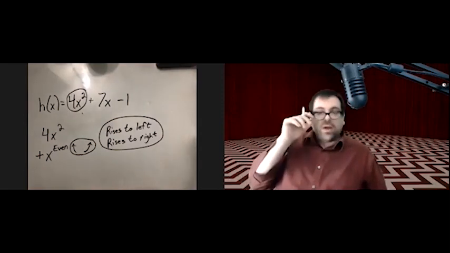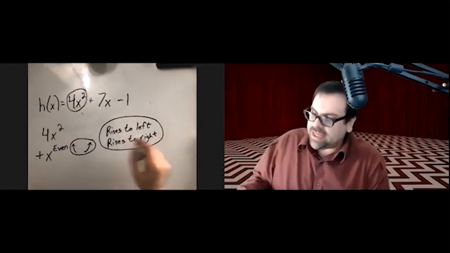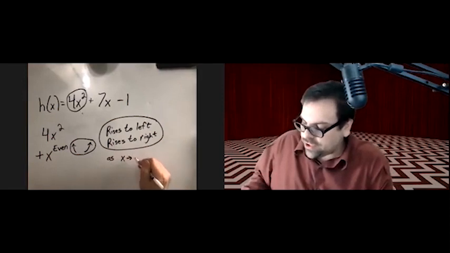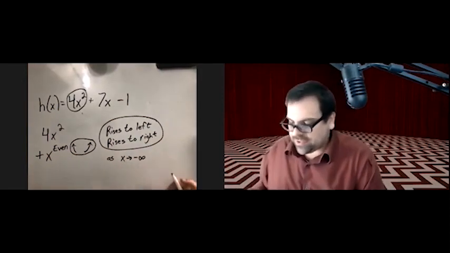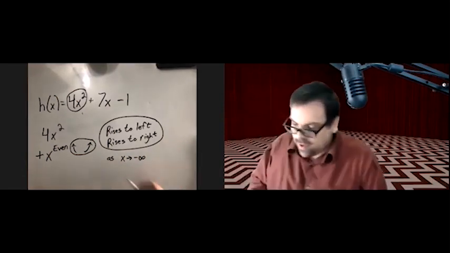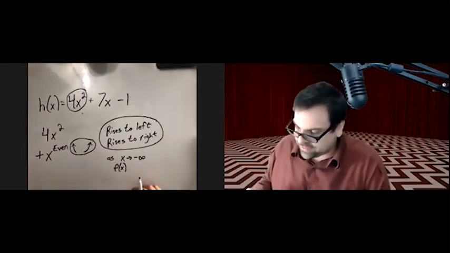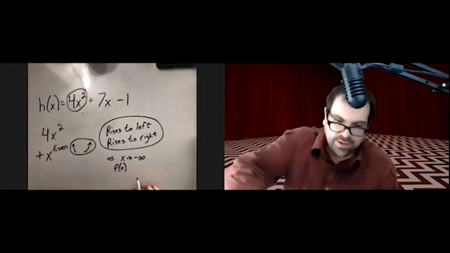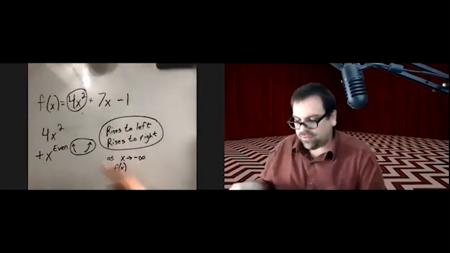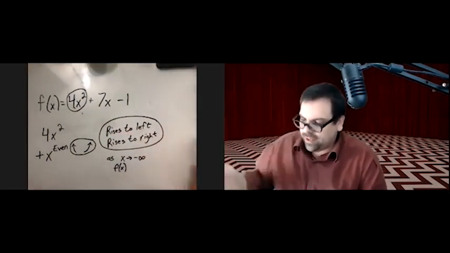The fancy math way is to say, as we go to the left, in other words, as x approaches negative infinity, as x goes to the left, f of x, or in this case h of x, but let's make that an f just so I can use f of x here, it rises, it goes up.